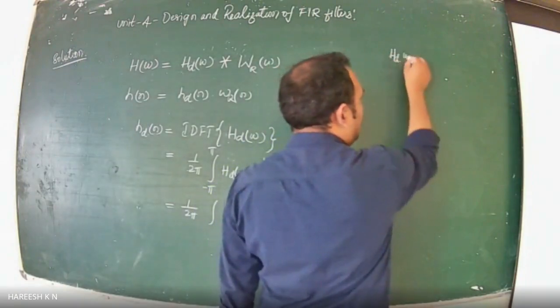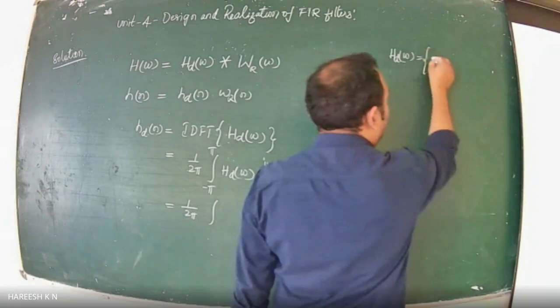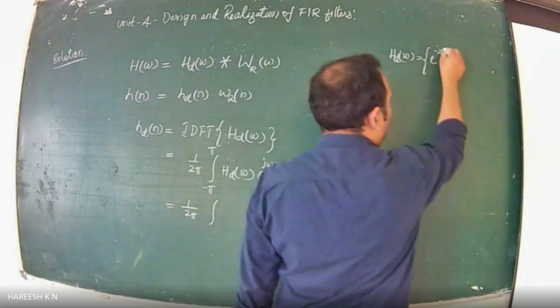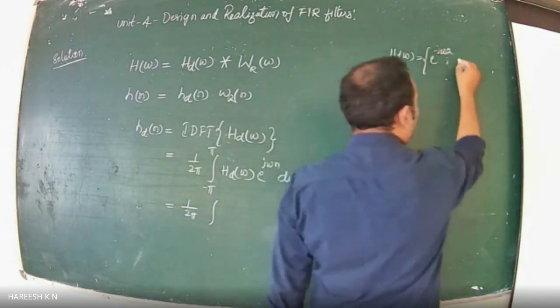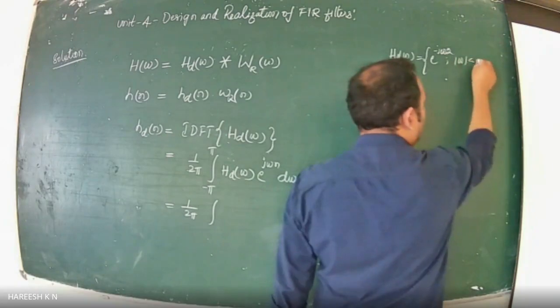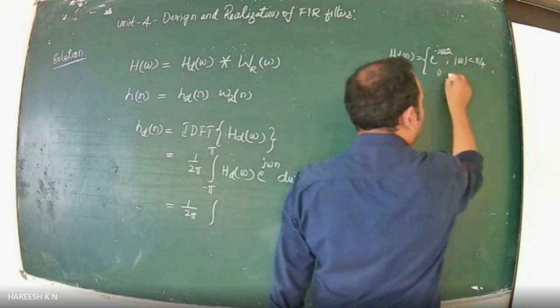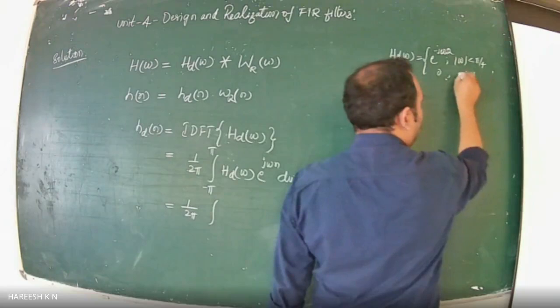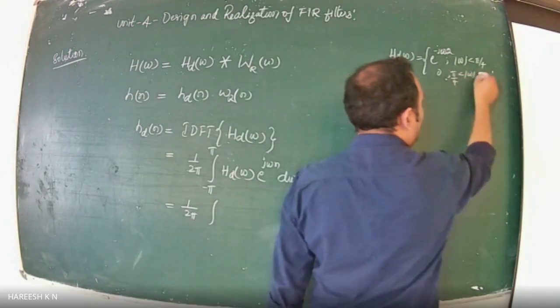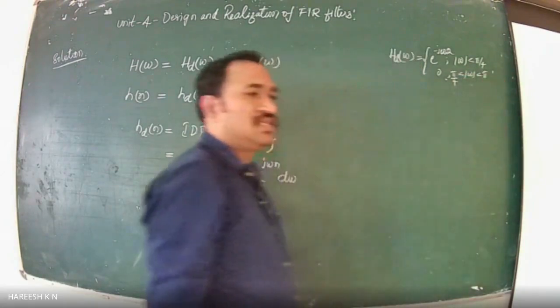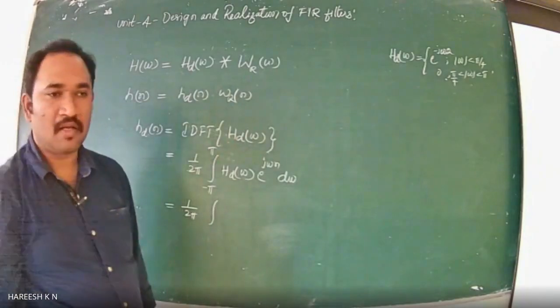Hd of omega is equal to e to the power of minus j omega into 2 for the range magnitude of omega less than pi by 4, and it is 0 for magnitude of omega greater than pi by 4 and less than pi, isn't it? Now this is Hd of omega that has been given, right?